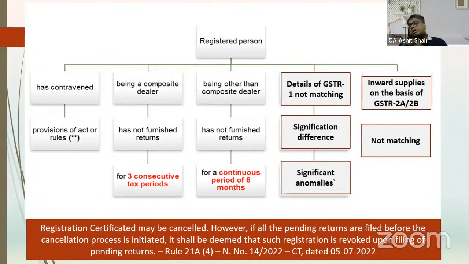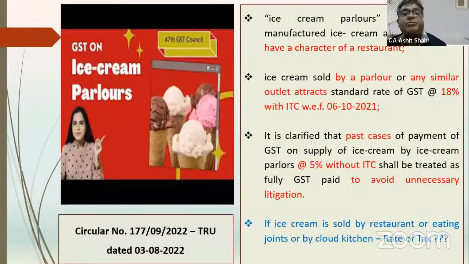So just before that order is passed, if the registered person files the return, then his registration certificate will not be cancelled. This is a good provision which has been introduced by way of amending Rule 21A, sub-rule 4 from 5th of July 2022, so that the cumbersome procedure of filing the appeal petition and the request for revocation should not have to be followed, and the registration certificate would be revoked immediately.